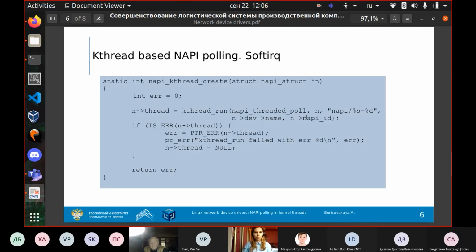But in a series of patches in the latest versions of the Linux kernel, the poll method was moved from SoftIRQ context to a kernel thread. The reason for this decision was the inability to track software interrupts in the system.